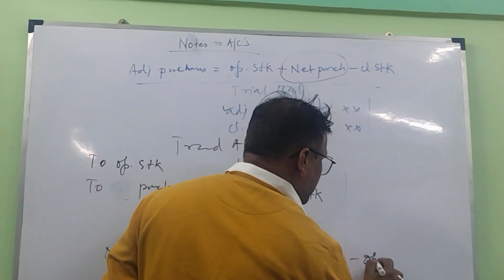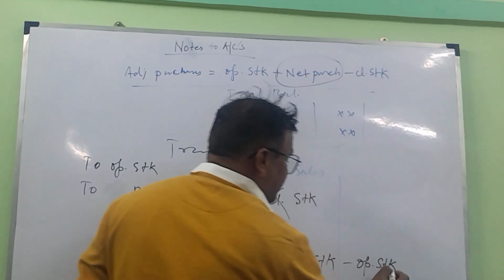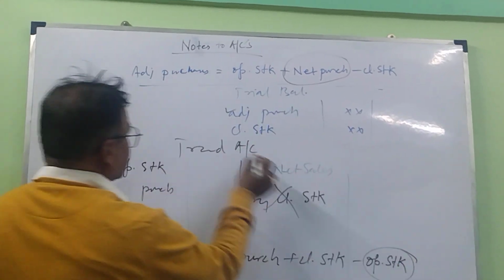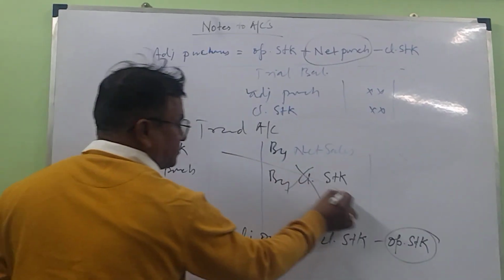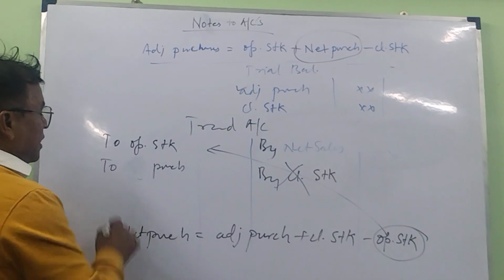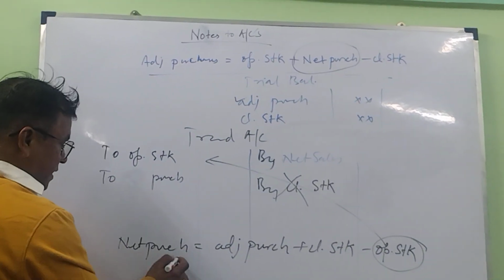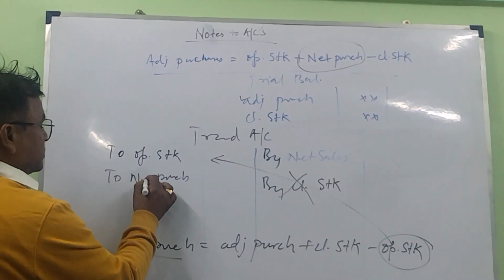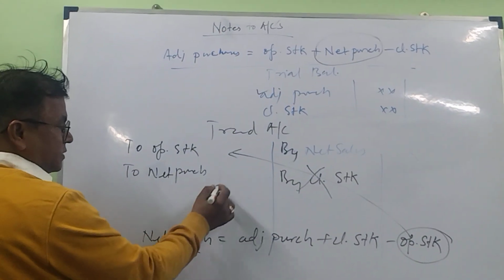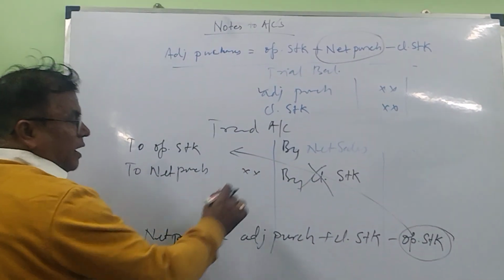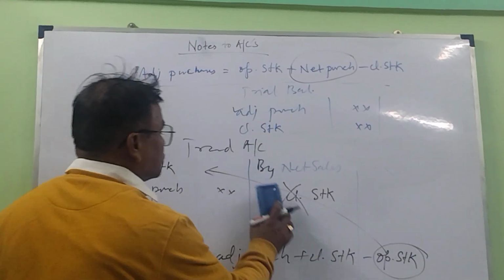Opening stock is to be deducted, and then you take this opening stock as the first item here. Okay, first item, and make this net purchases your second item. Purchases minus purchase returns, net purchases, and then you take closing stock.